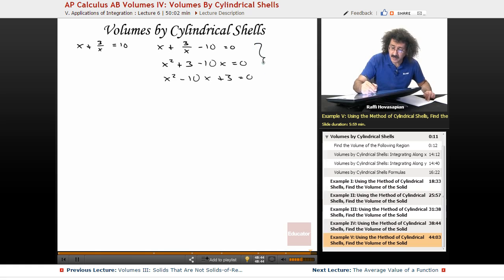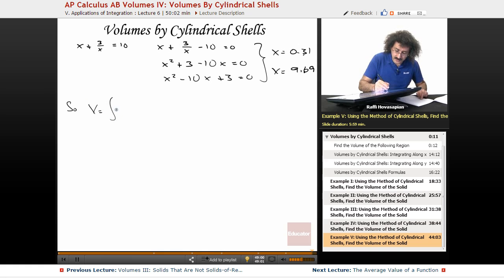This is a quadratic. When I solve this, I get x equals 0.31, and x equals 9.69. So I'm going to be integrating from 0.31 to 9.69. My volume is equal to the integral from a to b of 2 pi r h dx.